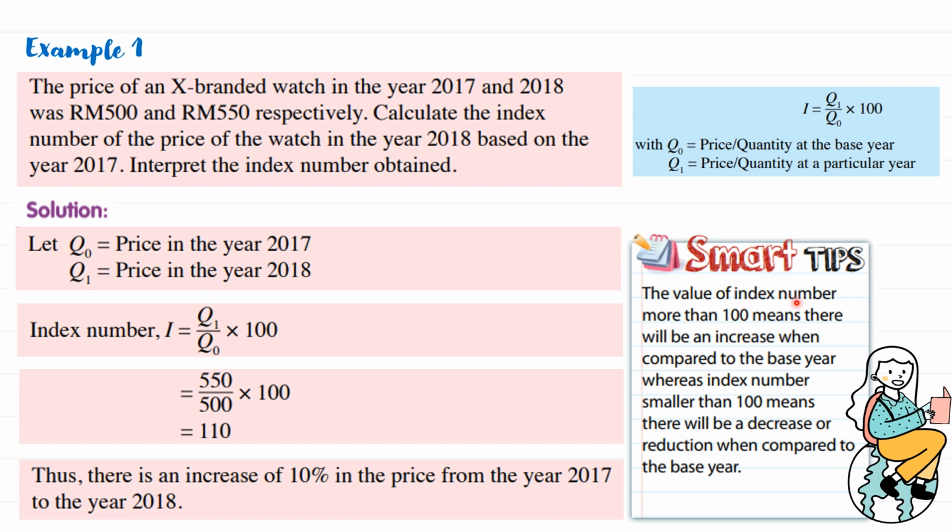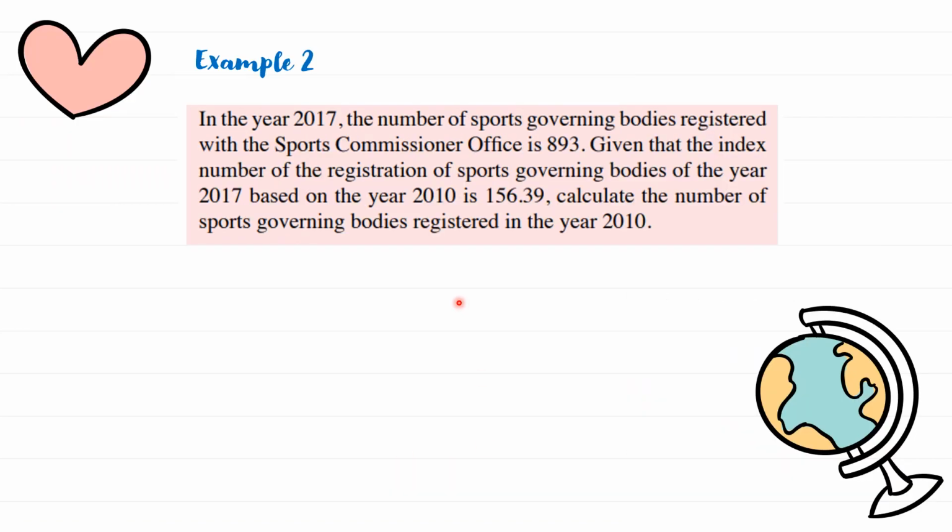An index number more than 100 means there is an increase when compared to the base year, whereas an index number smaller than 100 means there is a decrease or reduction when compared to the base year. So if you get 90 here, it means that there is a decrease in price of 10%. Okay.